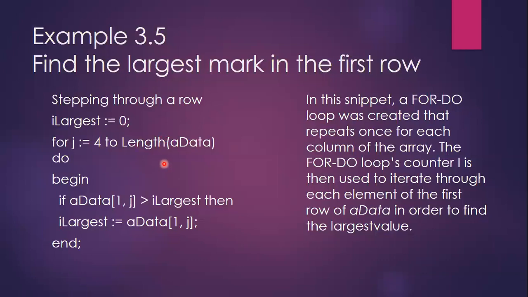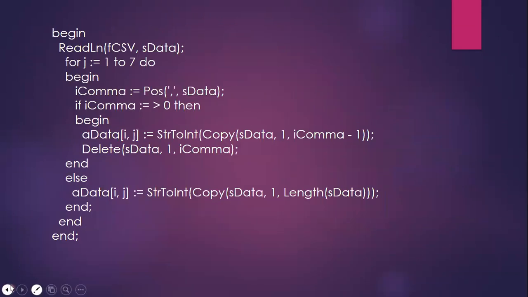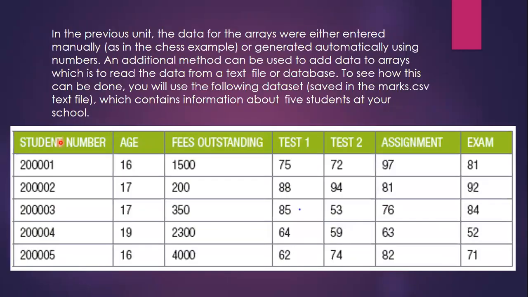So let's just go and see what was column 4. I'm going to quickly go back up a few slides so that we can look at that. There we go, column A, B, C, D. So I'm basically reading the scores from test 1.